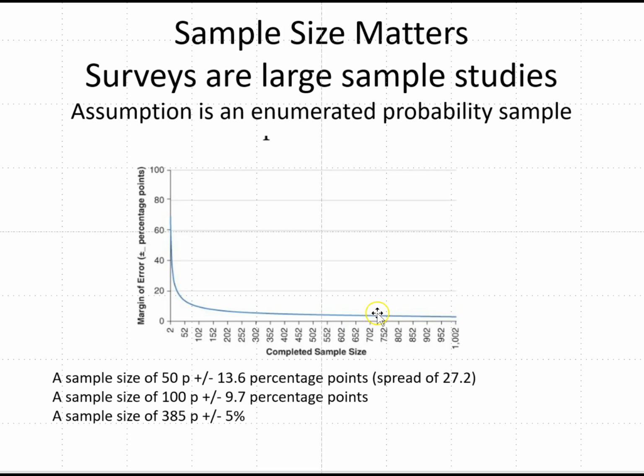It tails off. Now you can see that you start to lose advantages of gain. I think it's around 700 that you get your plus or minus 3. And the thing that's interesting about that is it doesn't matter if you're looking at Donald Trump or whether you like Jeff Peanut Butter. The proportion and the standard error associated with it is the same.